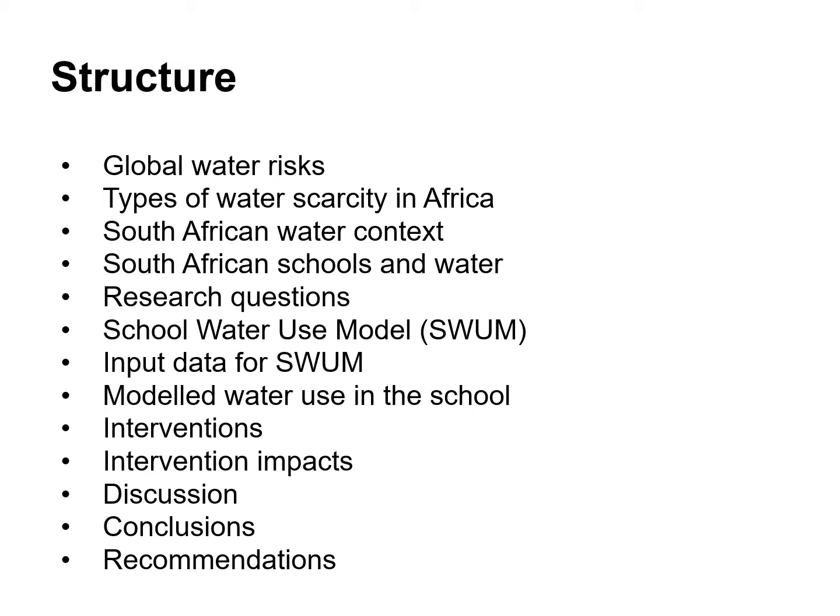I'll introduce the school water use model, which is a tool I developed, the data that went into the school water use model, or SWAM, and then look at the results that came out of the modeling, and also look at some of the interventions that we undertook and their impacts, and then very briefly cover discussions, conclusions, and recommendations.